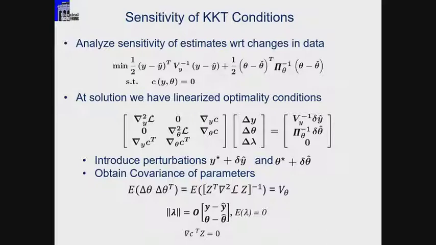Okay, good. So with this idea, we have a relationship where we can approximate the covariance of the estimated parameters by the reduced Hessian of the solution of this problem.